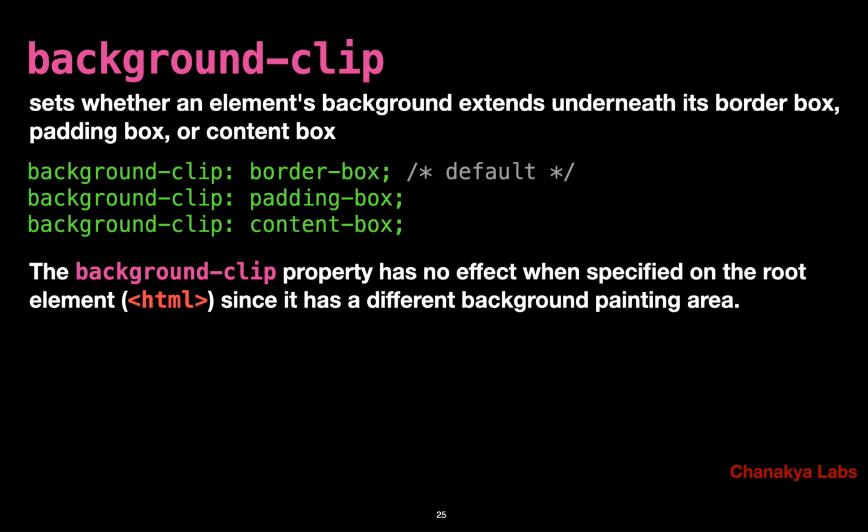As we earlier saw, for the HTML element the background is in fact not applied to the element, it is applied to the whole page. So this property will not make sense there, and that's why it is ignored. And I believe that in a similar fashion it will be ignored for body also, because body will also set the background for the whole page. So for HTML and body, don't do this. For other, normal elements, you can use the background clip property fairly.